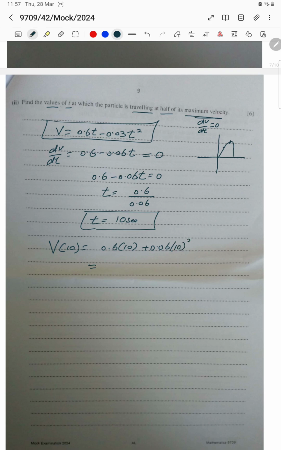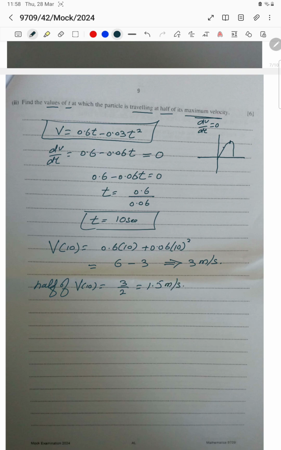With the calculator I will get 6 minus 3, that is 3 meter per second. Now it's given half of v, that is 3 by 2, it gives me 1.5 meter per second.